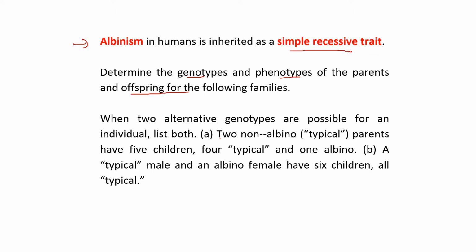Family one: you have two non-albino parents and five children, four typical and one albino. In the other case, you have a typical male and an albino female who have six children, all typical. So how can you get those things?